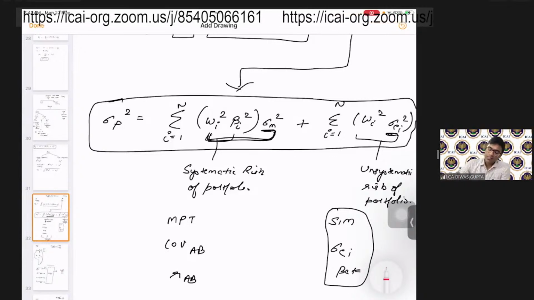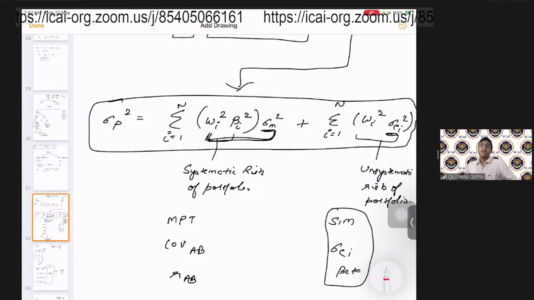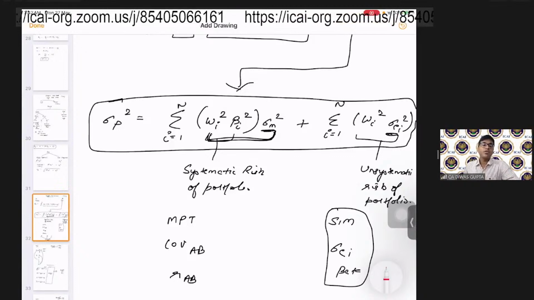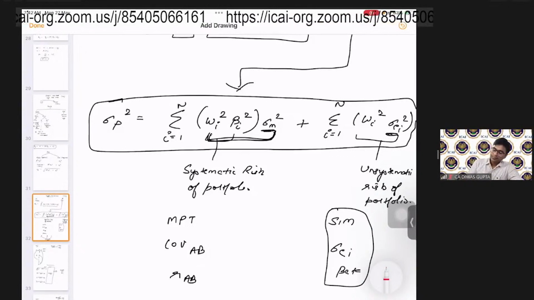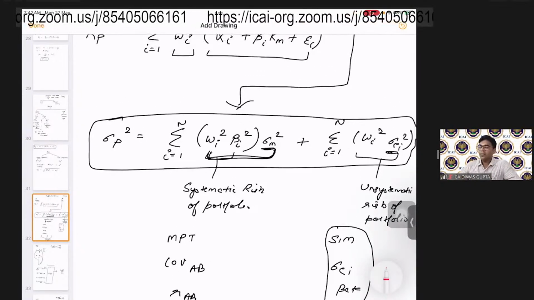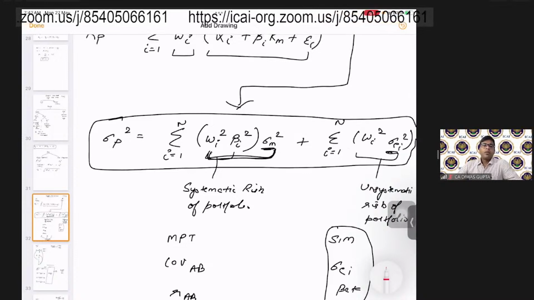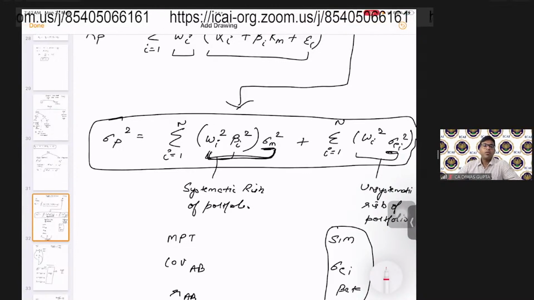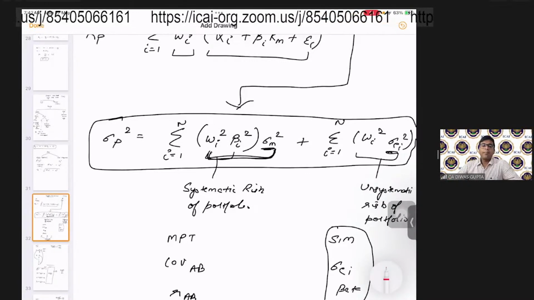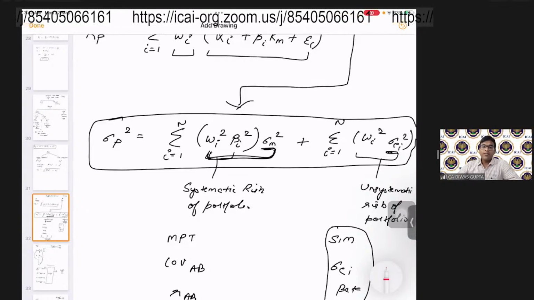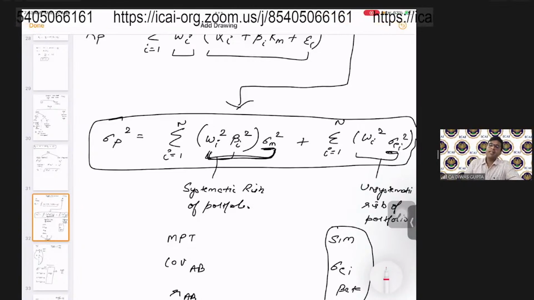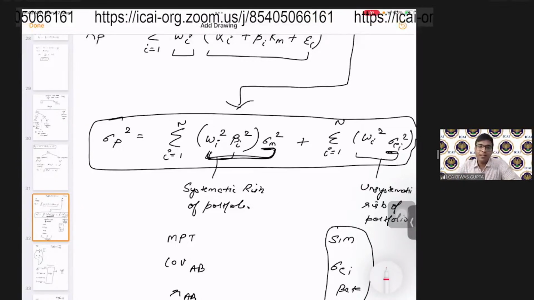However, here if you see, this formula is actually similar for any number of securities.